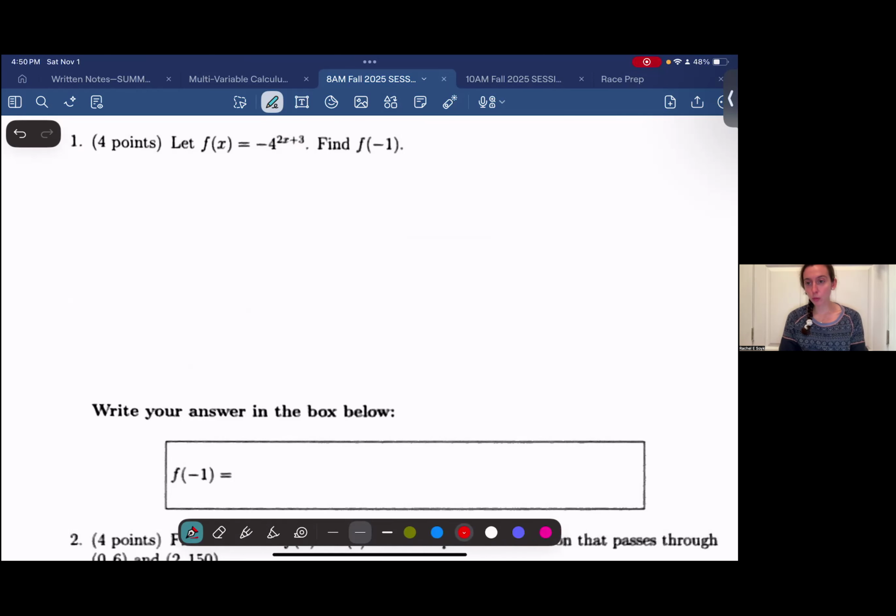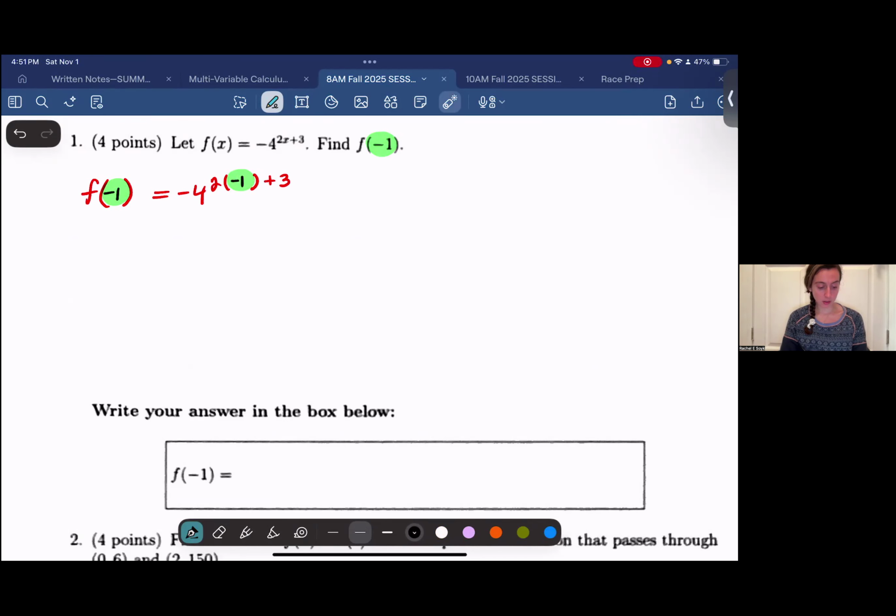Wherever we see an x in our function, let's just create some parentheses. And then inside those parentheses, you are going to fill in that numerical value, negative 1. And now we just solve.